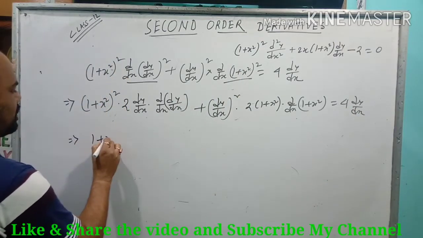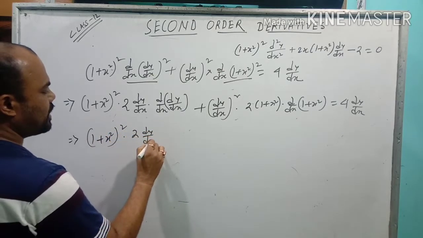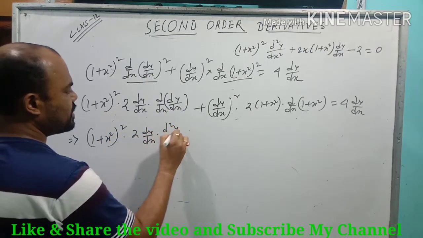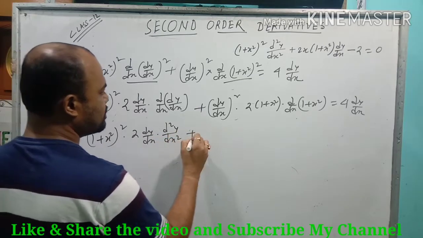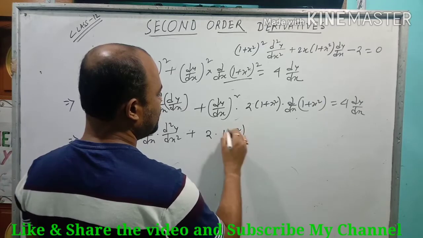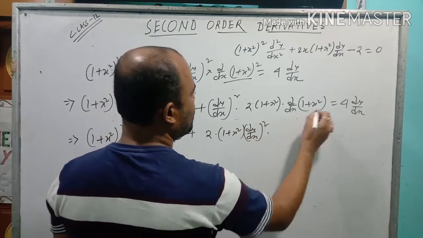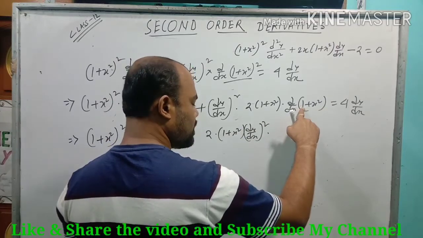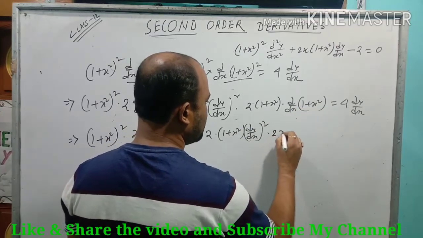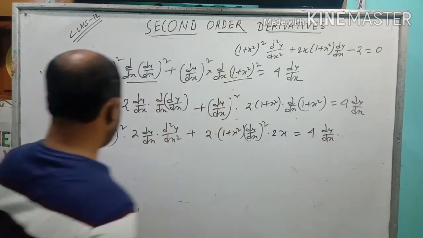(1 plus x square) whole square 2 dy by dx. Now d/dx of dy by dx is what? It is d2y by dx square plus 2 (1 plus x square) (dy by dx) whole square into what is d/dx of (1 plus x square)? d/dx of 1 is 0, x square is 2x, equal to 4 dy by dx.